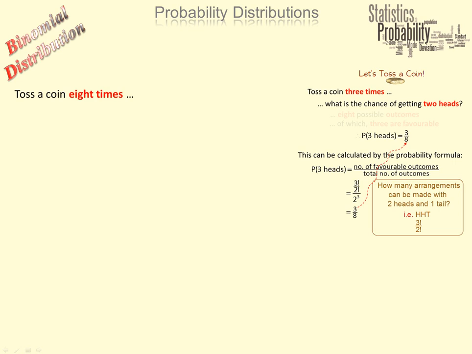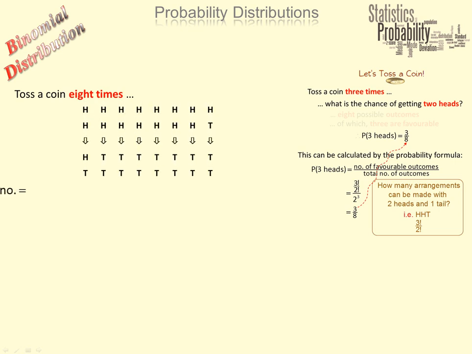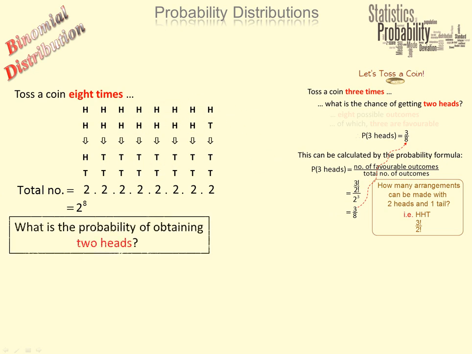So, if we toss a coin 8 times, there's the total number. That's the whole sample space there, just abbreviated. What's the probability of obtaining 2 heads tossing a coin 8 times? Well, there we are.